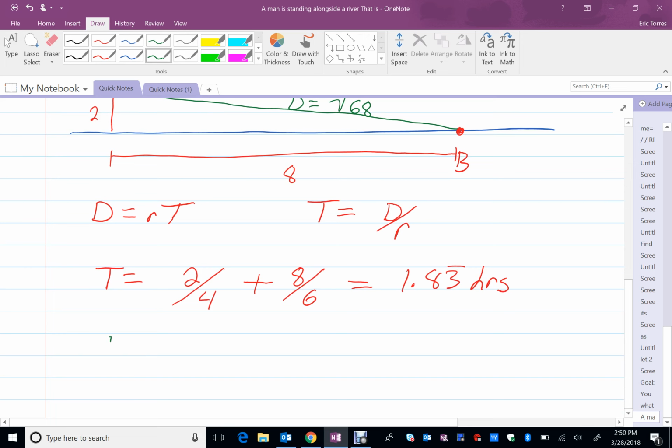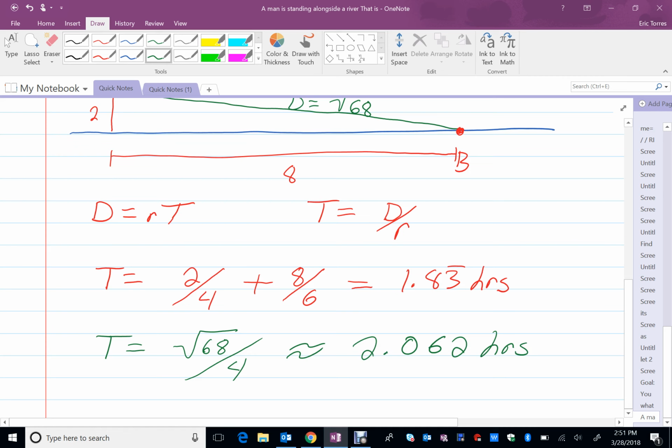So the time for him to row directly over is the distance, which is the square root of 68, over the rate at which he can row his boat. And that will give me approximately 2.062 hours.